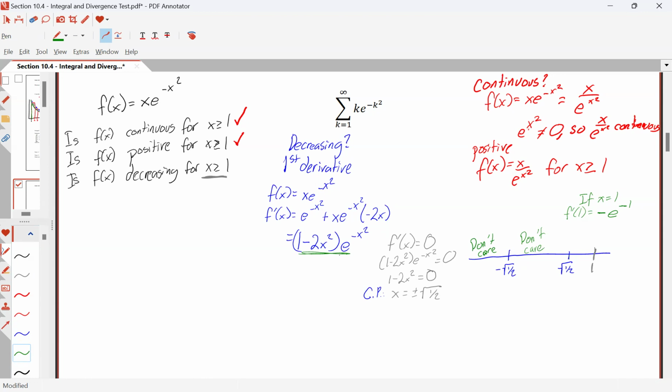Negative e to the negative 1, or negative 1 over e, is negative. So here our function is negative from square root 1/2 onward. So yes, f prime of x is less than 0 for x greater than or equal to 1. So f of x is decreasing for x greater than or equal to 1. So all 3 properties are met. Great.